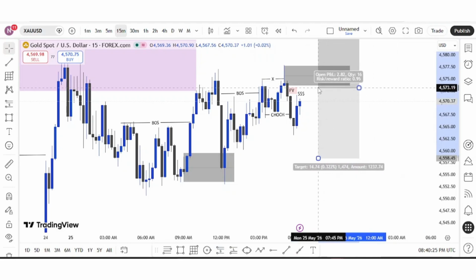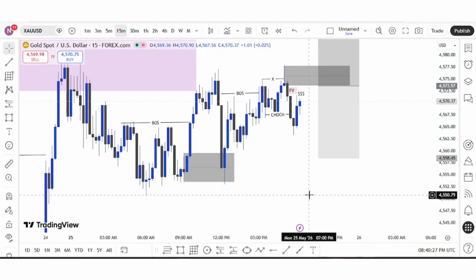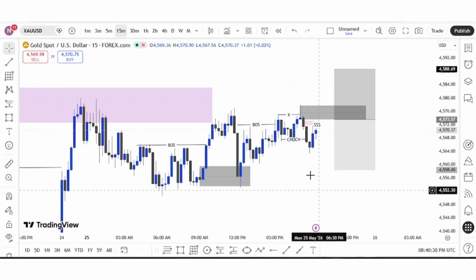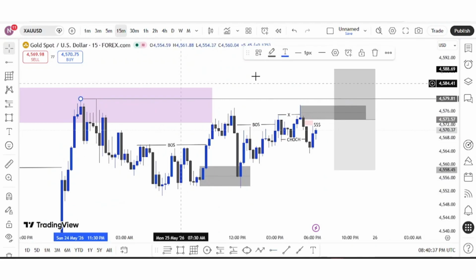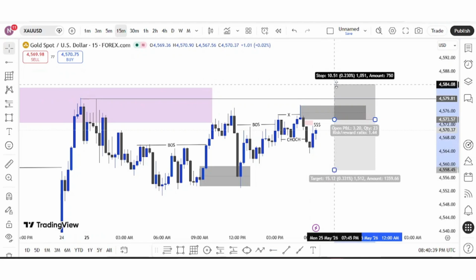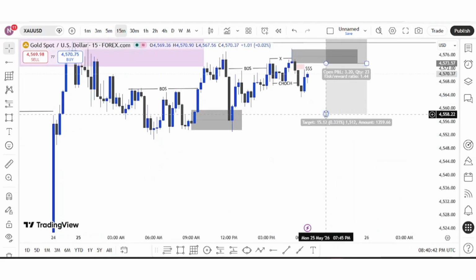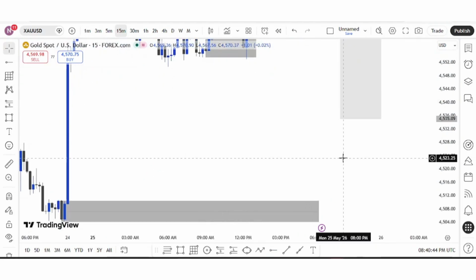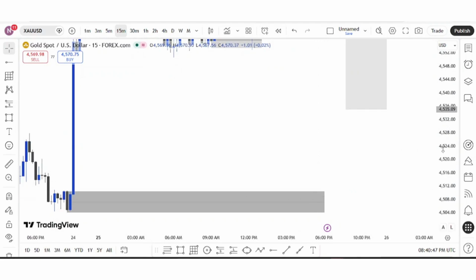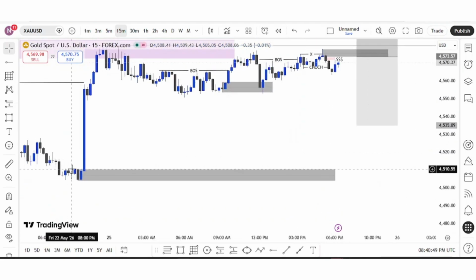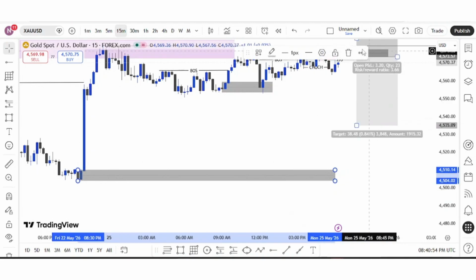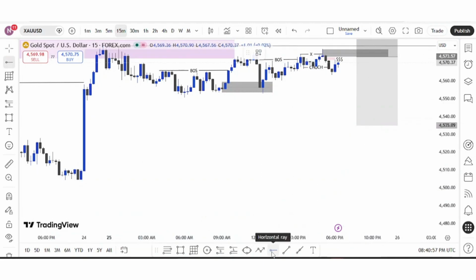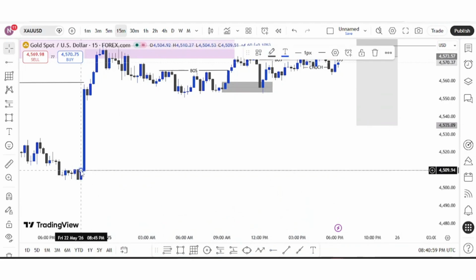So we can see this is how I do my top-down analysis. I want to make sure that my stop loss covers this last weak rejection. Yes, so keeping it like that, then we can sell gold down to this level here.